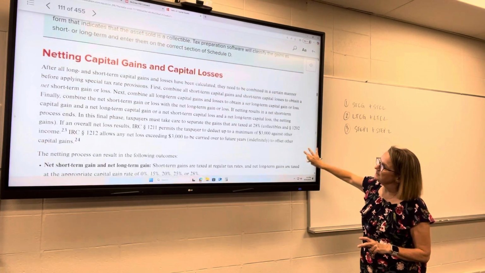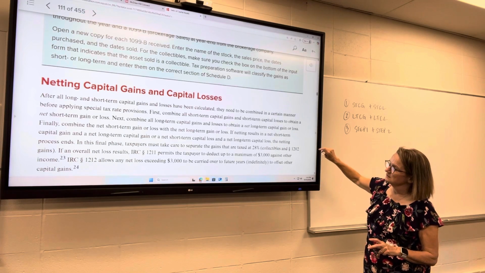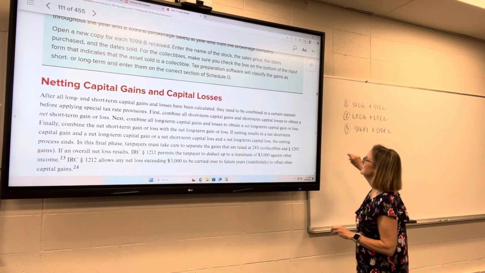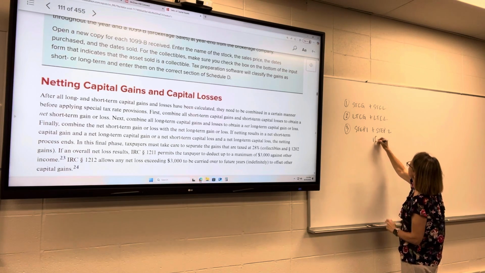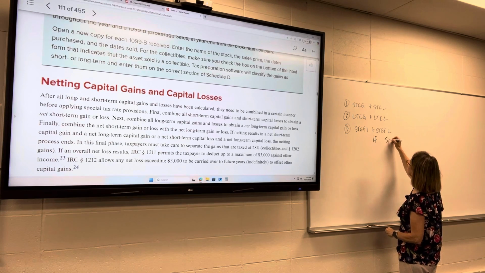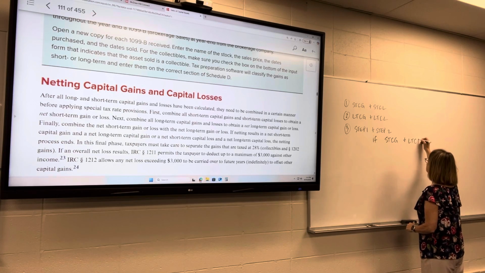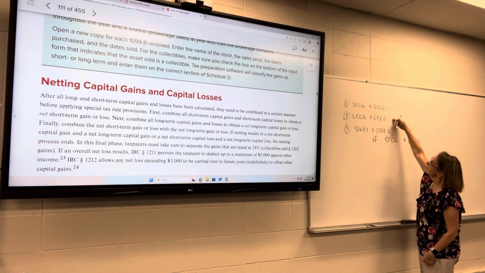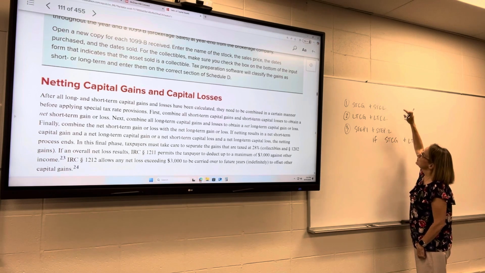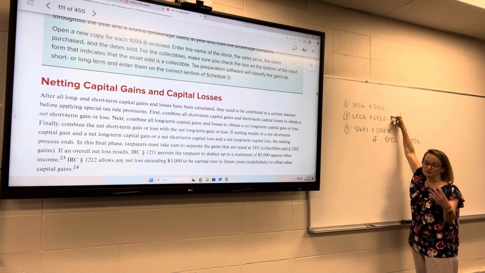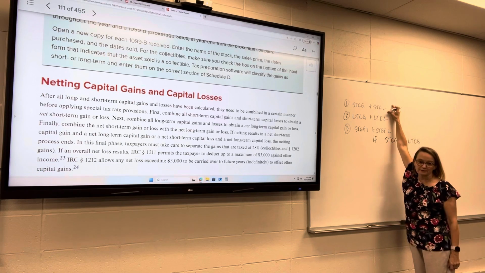So if this one ends up being a gain and this one ends up being a gain, then we will have long-term capital gains at long-term capital gains rates, and we will have short-term capital gains at short-term capital gains rates.